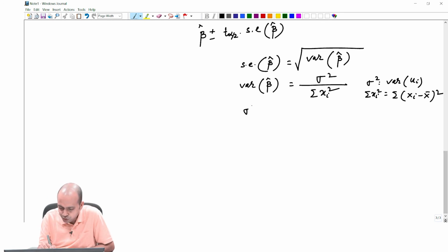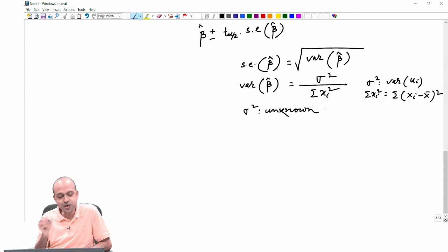But this sigma square is actually unknown to you. Sigma square is an unknown population parameter. So, if sigma square is unknown, then how do you calculate variance of beta hat and standard error of beta hat? In that context, we have to keep in mind that when something is unknown in statistics or econometrics, statisticians say that you replace the unknown population parameter with its sample counterpart.